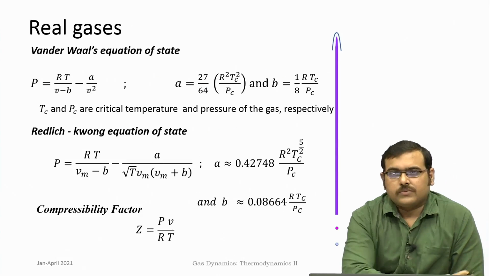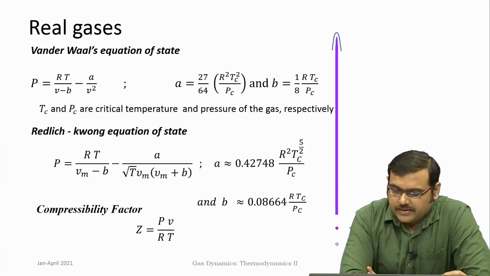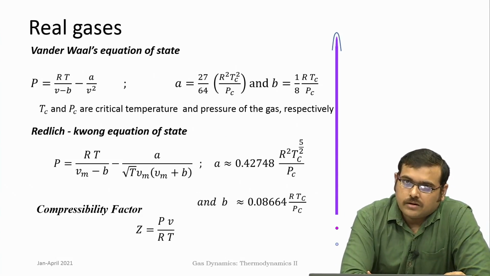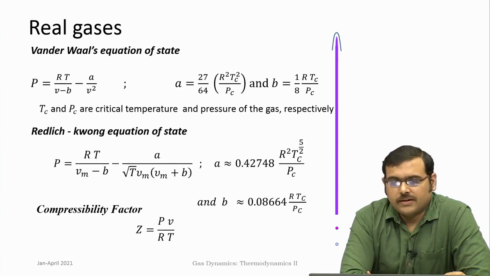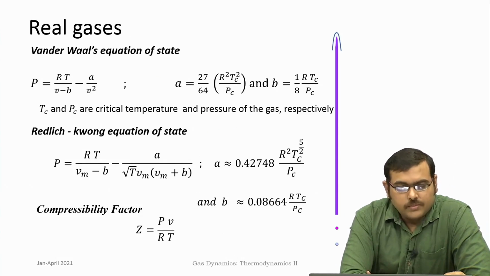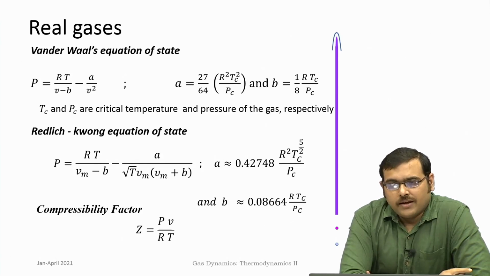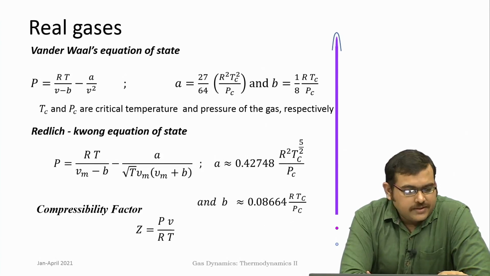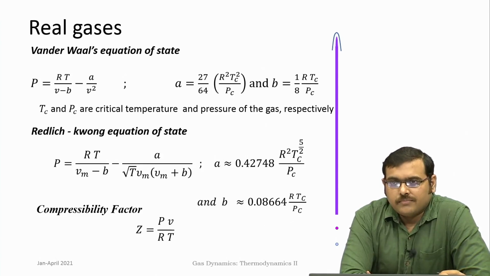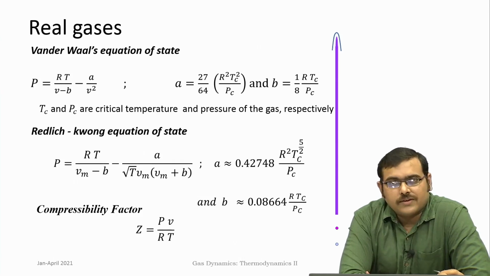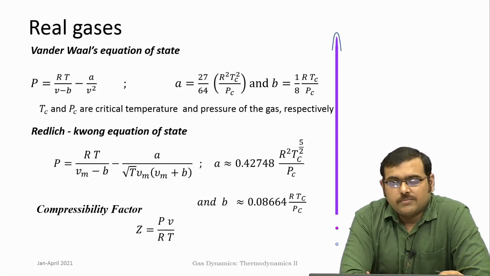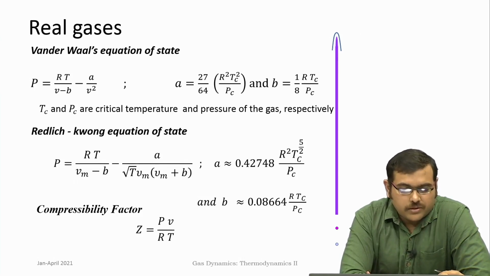So, as I said, in almost all the cases that we consider in this course, it will be a perfect gas, and we will use ideal equations of state for the gases. These ideal equations of state are valid when you consider that the intermolecular forces of attraction are negligibly small or almost equal to 0.